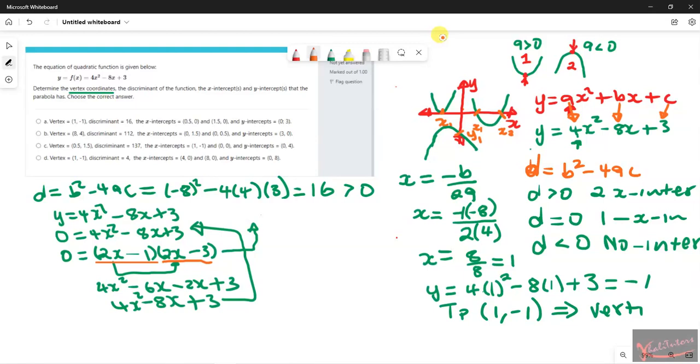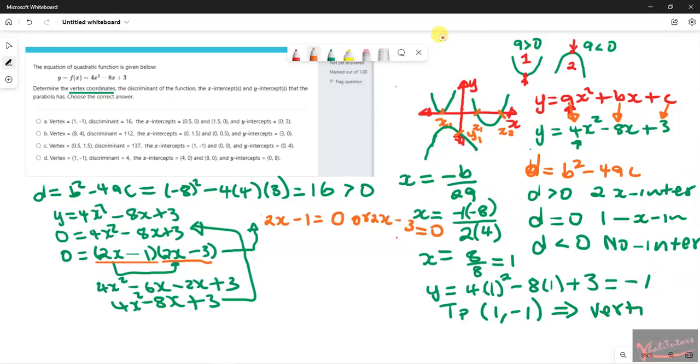So we just have to take each factor and equate it to 0. So we have 2x minus 1 equals 0, or 2x minus 3 equals 0. Then we solve these two.